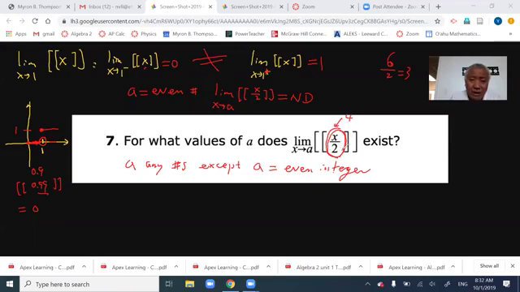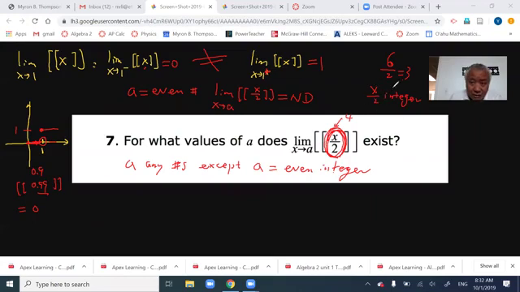To make the limit not exist, the part inside must be an integer, as we showed that then the limit does not exist. Integer means 0, 1, 2, 3 up, and negative 1, negative 2 down, no decimals, no fractions.